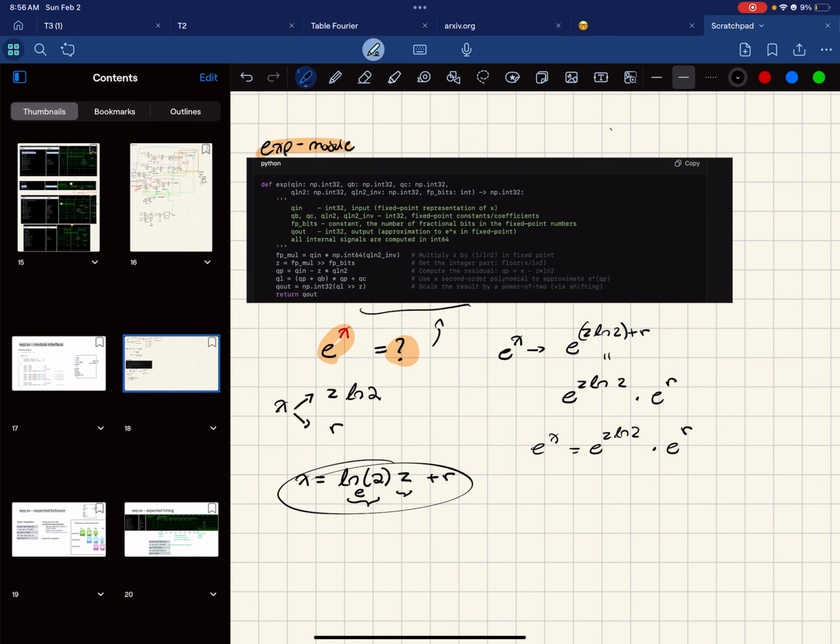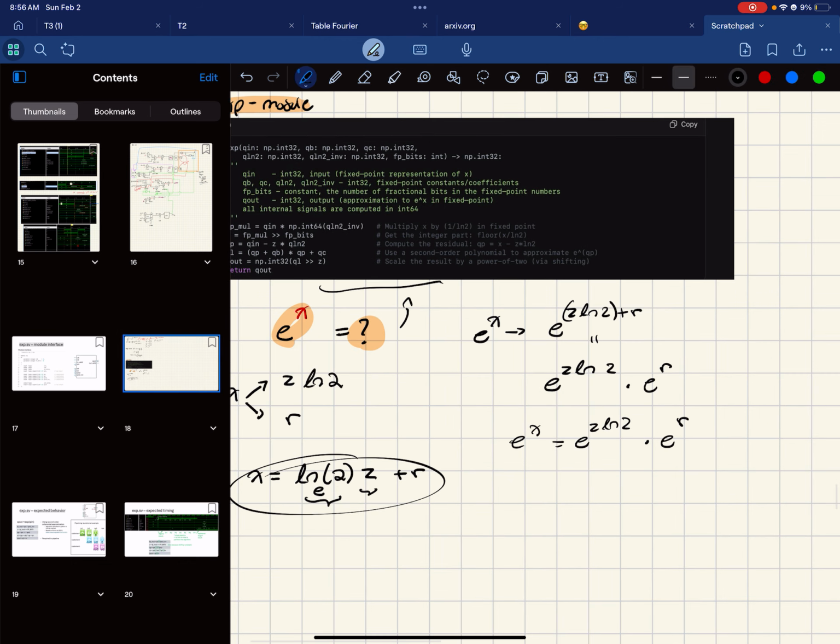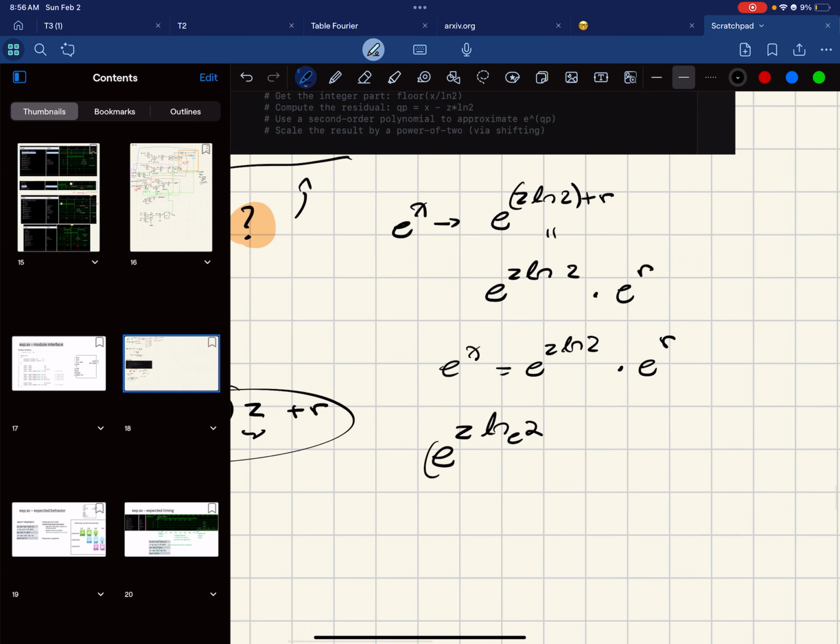And then we know that e to the z ln_e of 2, all I'm saying is e raised to the thing which, when e is raised to it, gives me 2, raised to z.